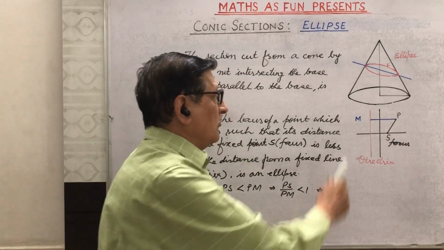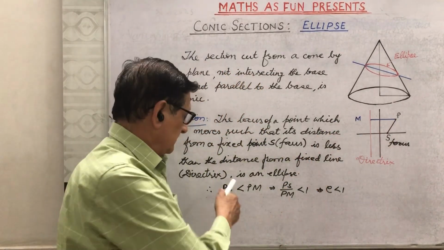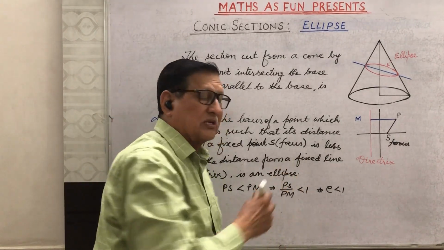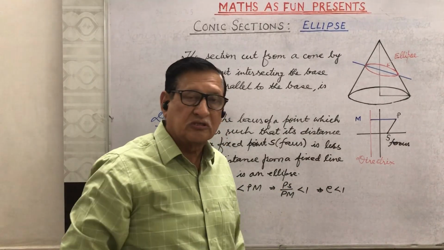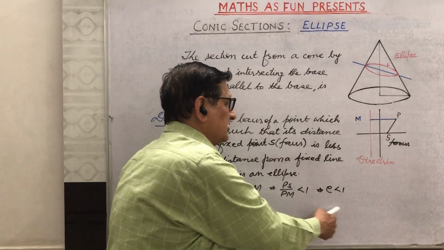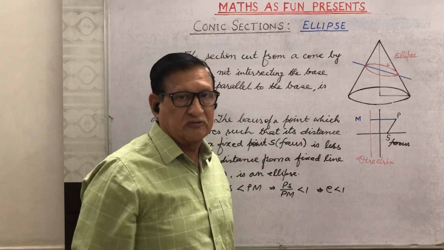It means PS is less than PM. PS is less than PM. It means PS upon PM is less than 1. And we know that PS upon PM is the eccentricity. So if the eccentricity of a conic section is less than 1, then it is an ellipse.